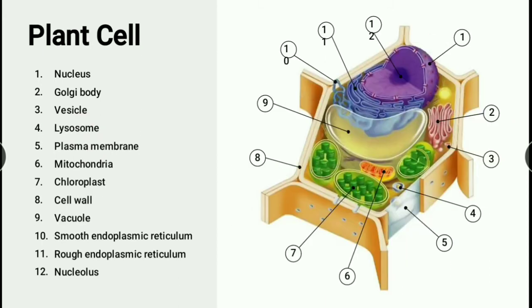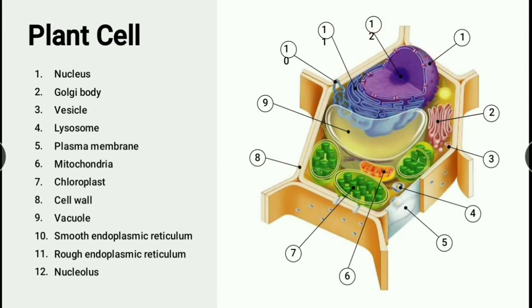Come to the plant cell. See, this is the plant cell now. Can you see the plasma membrane here? Yes. Here you can see the plasma membrane. There is number 5, it is called the plasma membrane. But you can see that this plasma membrane is covered by something very thick, isn't it?